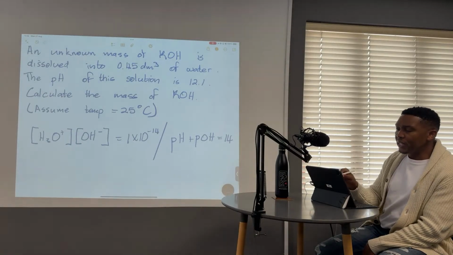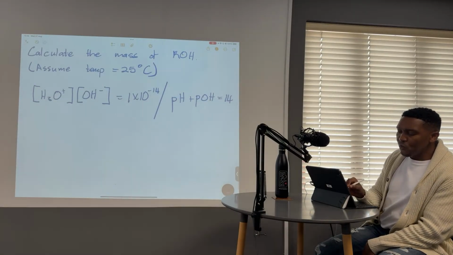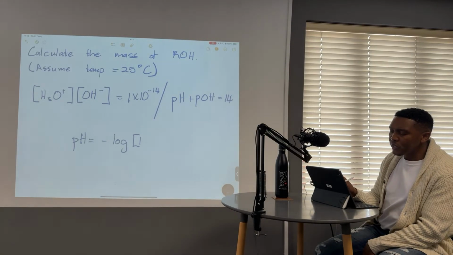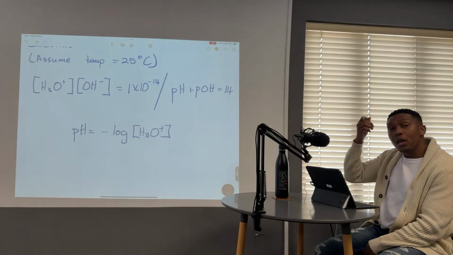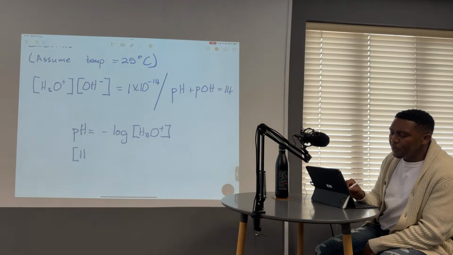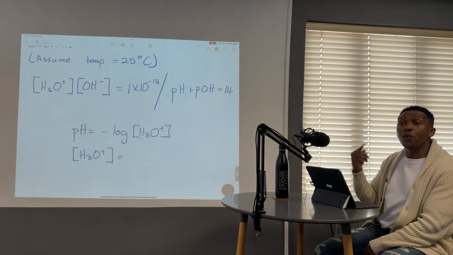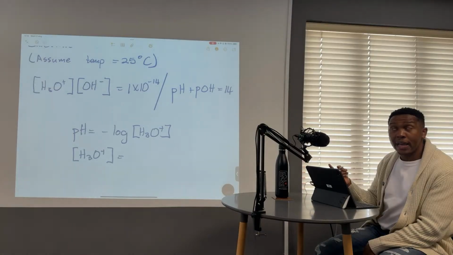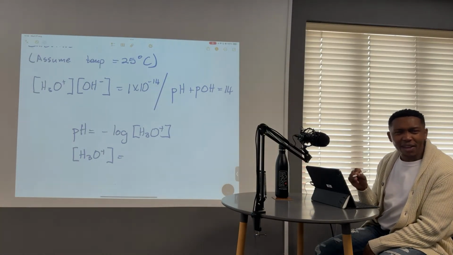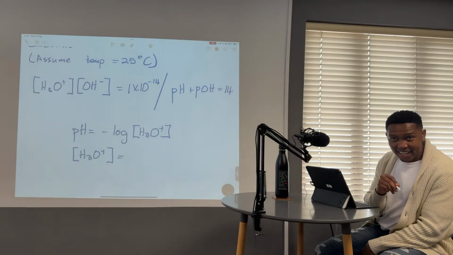Firstly, we're given the pH, so we know the pH formula, and the pH formula does not change. Simply because we're given the pH, we should be in a position to find out what the concentration of our hydronium ions is.